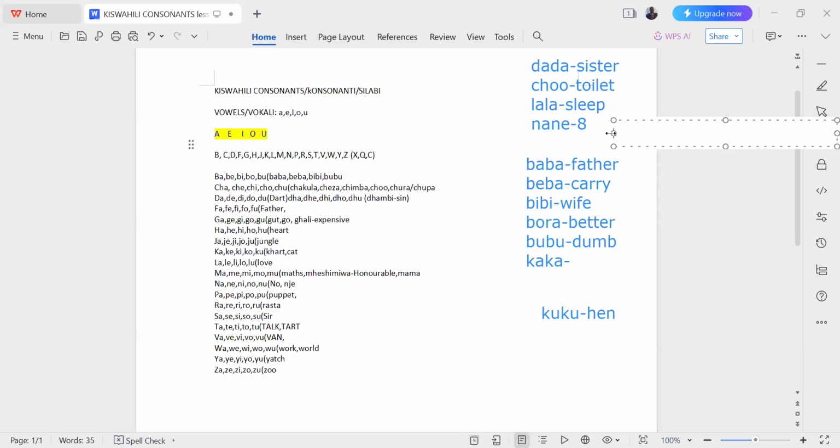Let me see another one that comes from the P. We have the word popo. You see the P-O. So if you do P-O twice, it means bath. Bath. Okay. The animal, P-A-P-A, bat, popo.